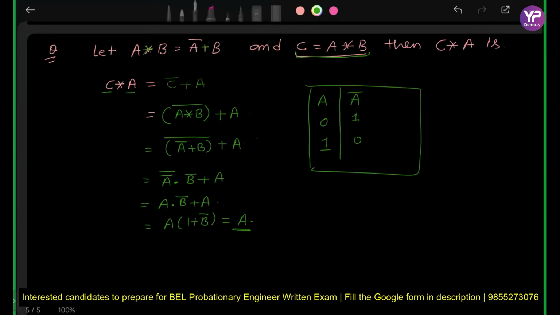Next, if I take the double bar, double bar means again the bar of A. So it becomes 0 and it becomes 1. So what are we seeing? These two values are the same or not? Yes. So if you have a double bar, the bars cancel out each other and you will remain with A only.